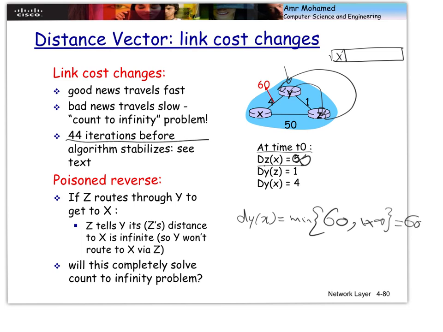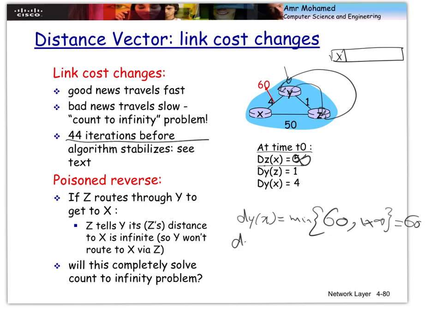We know it's not 60, right? But since the cost changed, I have to report that to Z. So Y will report to Z that its distance to X is actually 60.